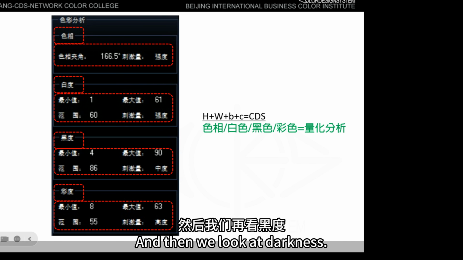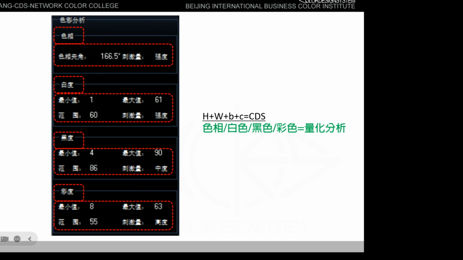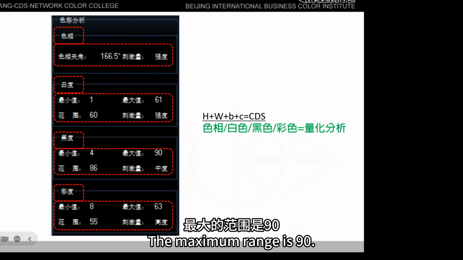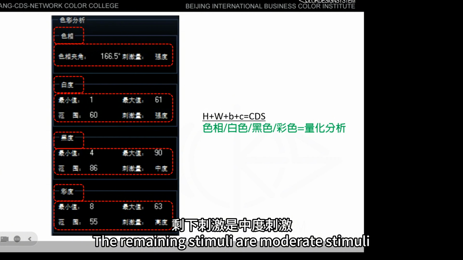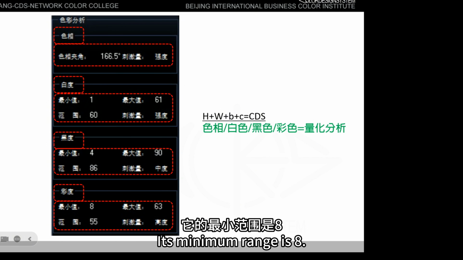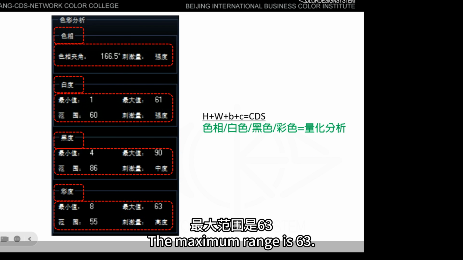And then we look at darkness. Blackness, its minimum range is 4. The maximum range is 90, but in the range it is 86. The remaining stimuli are moderate stimuli. In chroma, its minimum range is 8. The maximum range is 63. And the range is 50.